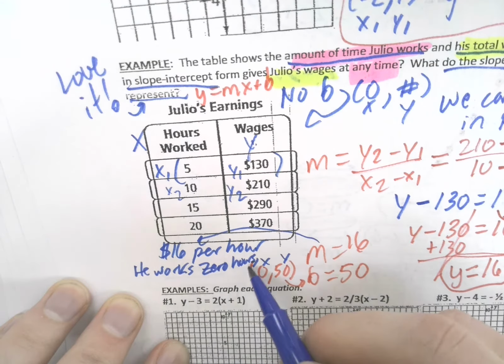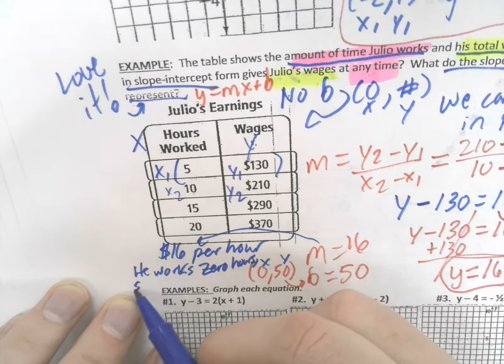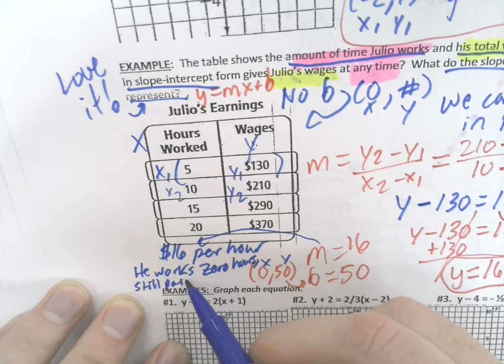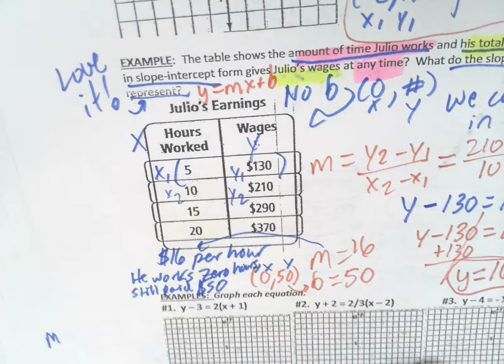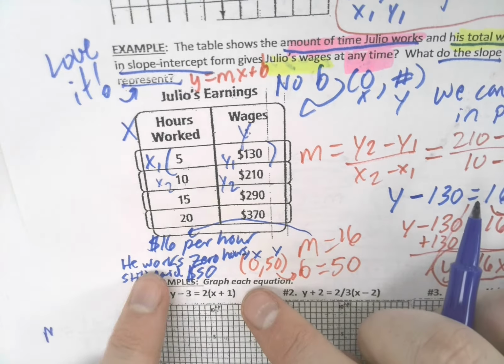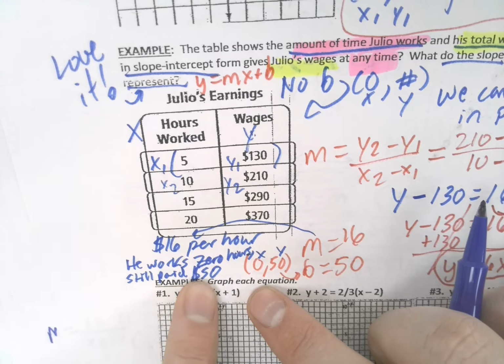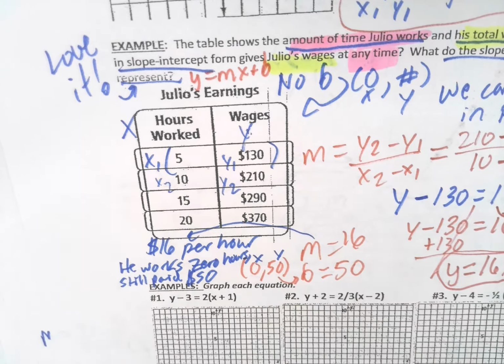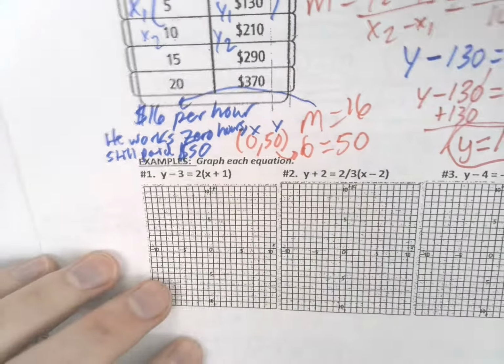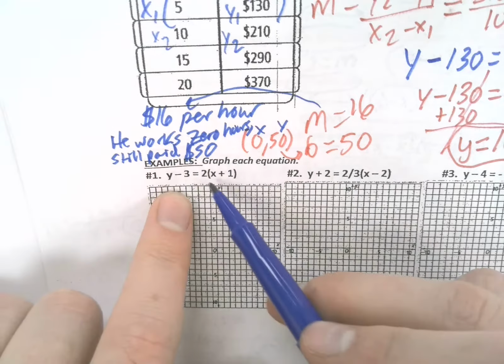If he works 0 hours, he's still getting paid $50. That's unbelievable. Sign me up for that gig. He works 0 hours, he still gets paid $50. That's pretty dang nice. And so, guys, we're going to close with this final section down here.